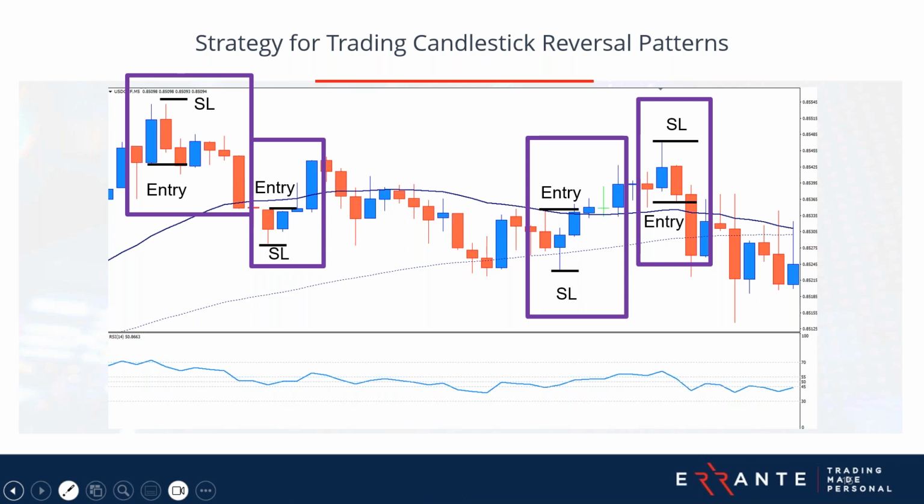And as the trade moves in your favor, consider moving the stop loss to break even or using a trailing stop to lock in profits, only if you can see that your reversal pattern is in line with a reversal chart pattern.